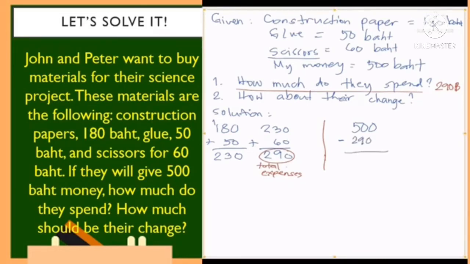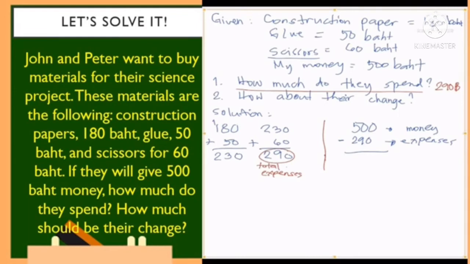It's because we need to find how much will be our change. All right, so this 290, this is the total expenses. And 500 is your money. Correct? Okay, so let us now subtract those two numbers.